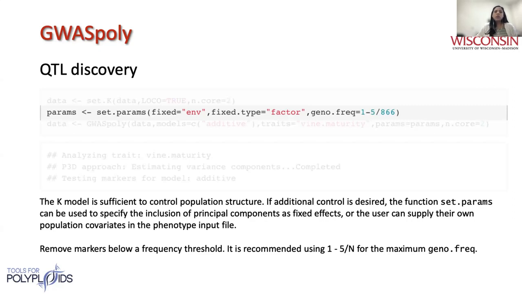So I'm using that data as a factor, and that is called environment. The only important thing here is to remove markers that are below the frequency threshold. It is recommended to use 1 minus 5 divided by the number of individuals. So like I said, in this data set, we have 866. But depending on how many individuals you have in your data set, you will change this number.